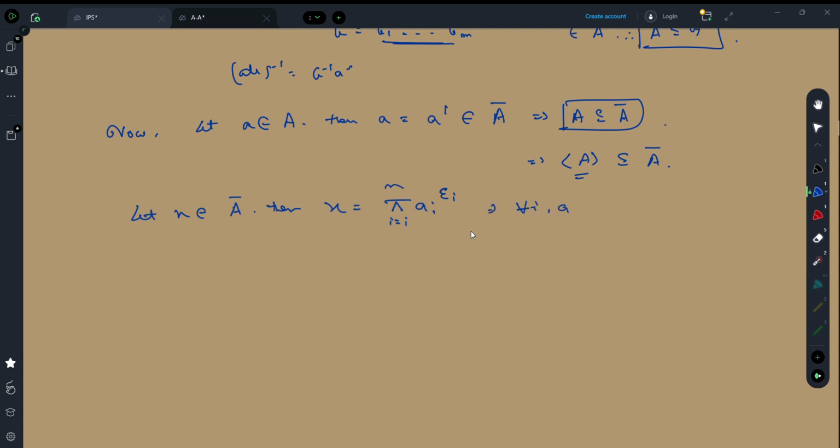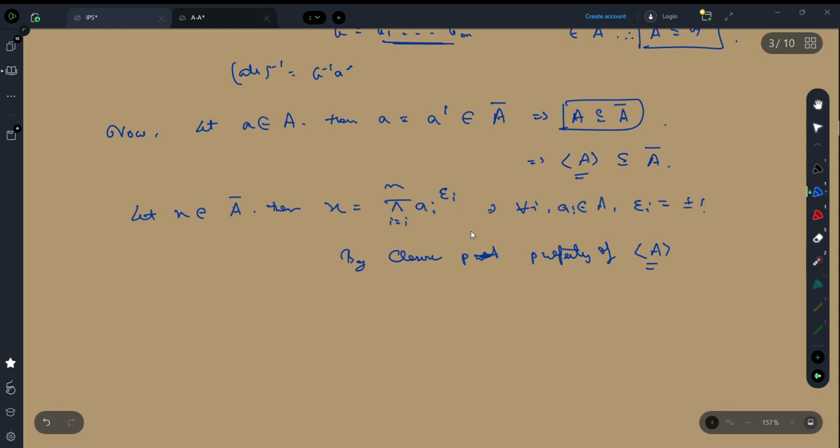The product over i of a_i to the power epsilon_i, i equals 1 to n, such that for all i, a_i is contained in A, epsilon_i equals plus or minus 1, right? By closure property of this, see, this contains A. So every element of A is contained in this set.